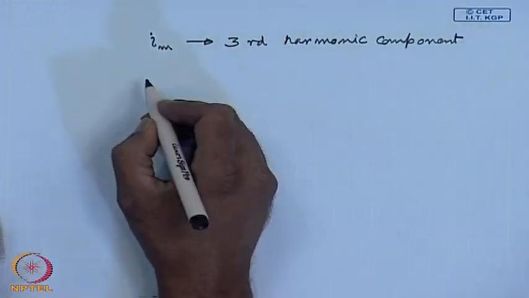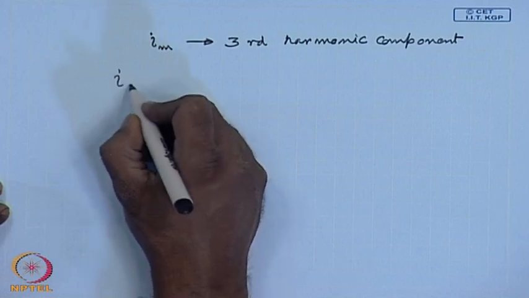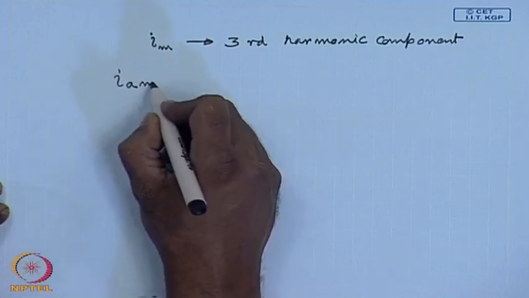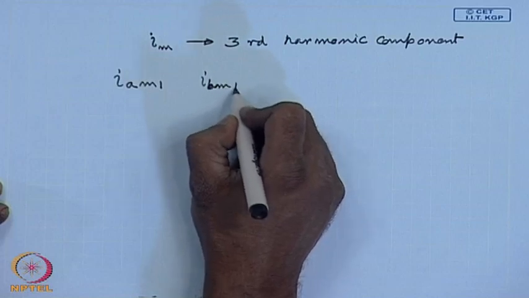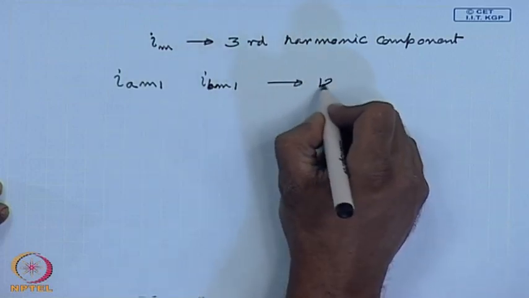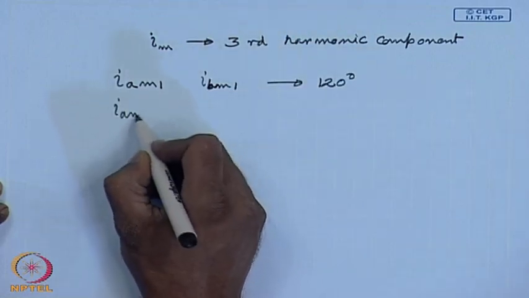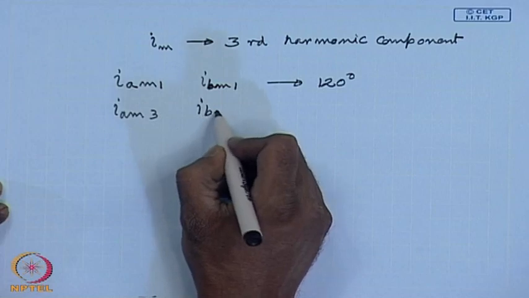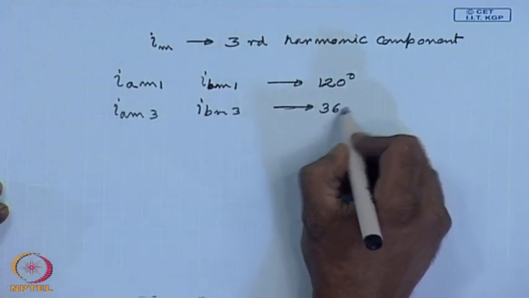Now, for the third harmonic, the phase angle between I A M 1 and let us say I B M 1 is 120 degree, but for the third harmonic this is 360 degree.